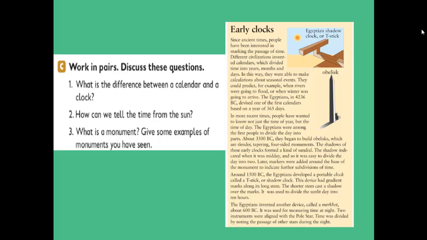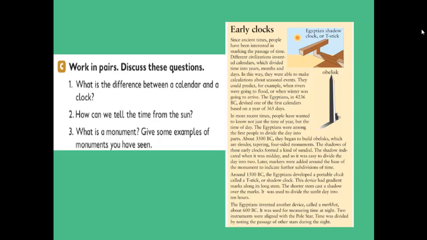In more recent times, people have wanted to know not just the time of year, but the time of day. The Egyptians were among the first people to divide the day into parts. About 3500 BC, they began to build obelisks, which are slender, tapering, four-sided monuments.